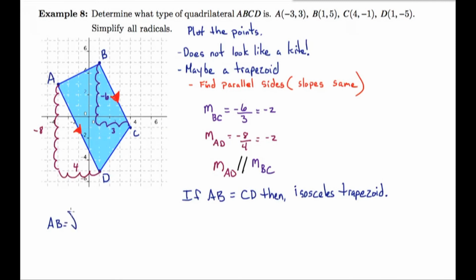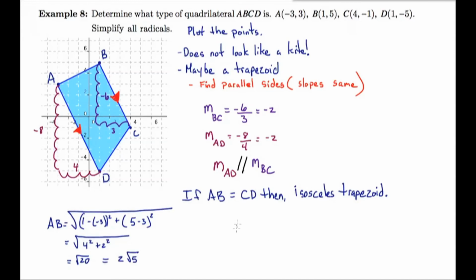If the legs AB and CD are congruent, then it's an isosceles trapezoid. So let's do a check here. Let's use the distance formula to see what the length of AB is. So I'm going to use the coordinates here and plug them into my distance formula, and I get root 20, which simplifies to 2 root 5. And let's find CD.